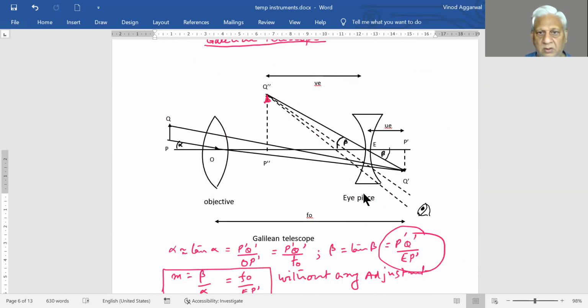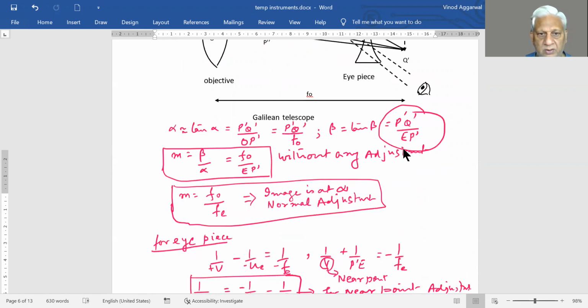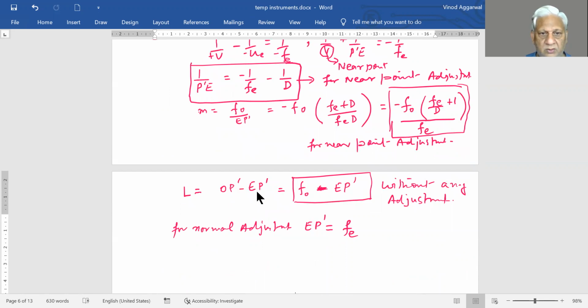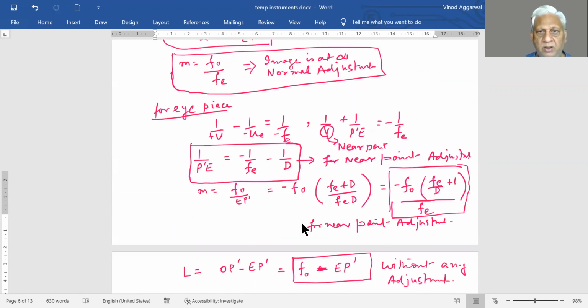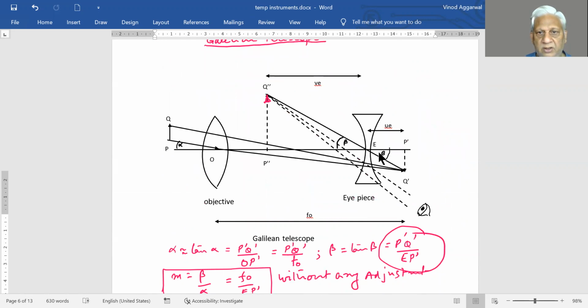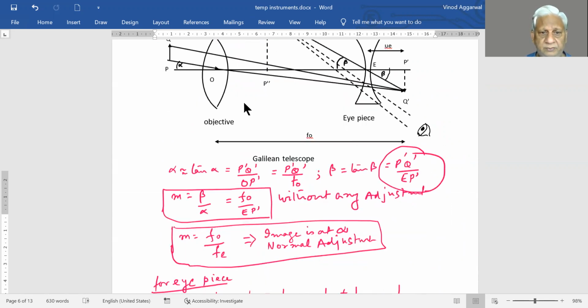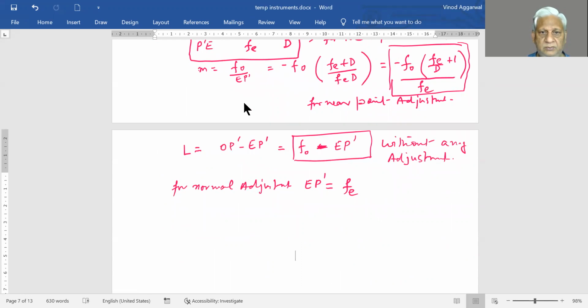This P dash E or EP dash, whatever you call it, becomes exactly the focal length of this concave lens, so that the image will be formed at infinity. So what we get is, length is FO minus FE.